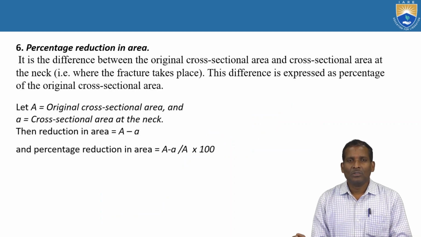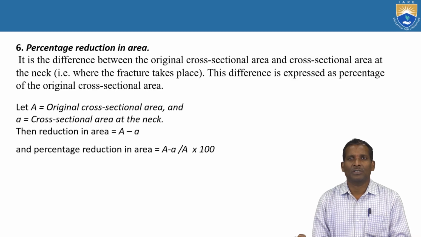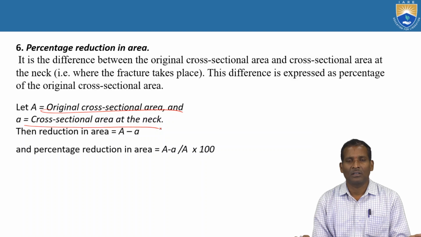Now you may determine the percentage reduction in area. It is the difference between the original cross-sectional area and the cross-sectional area at the neck after fracture, expressed as a percentage. Let A be the original cross-sectional area and small a be the cross-sectional area at the neck.